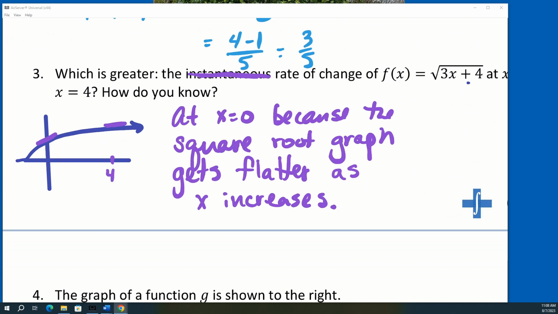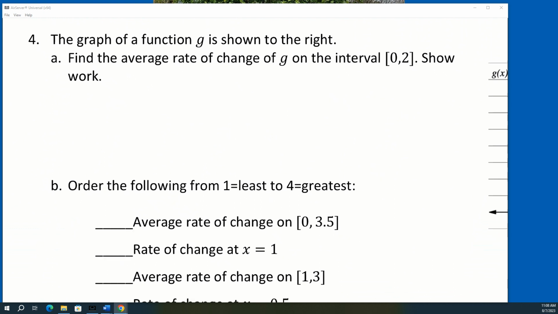All right, all good? Okay, let's look on the back. We have one more example to do.